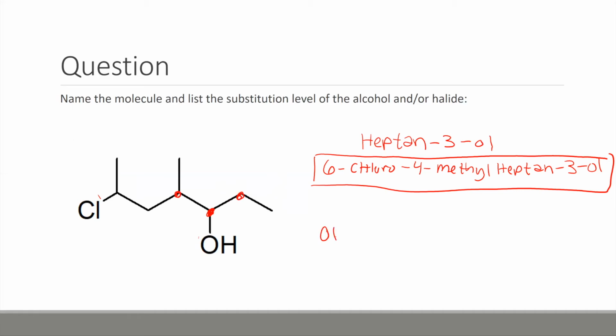So the OH is a secondary. This is a secondary alcohol, is how you would write that. For our chlorine, here's the carbon attached to it. And it is attached to 2 other carbons. So again, this is a secondary halide.